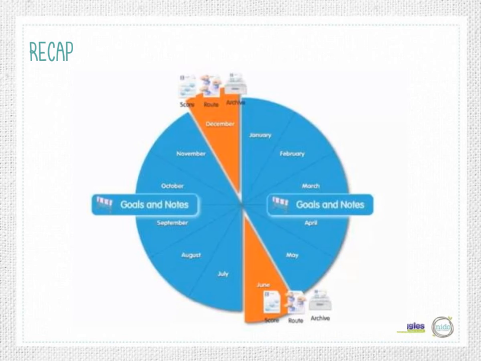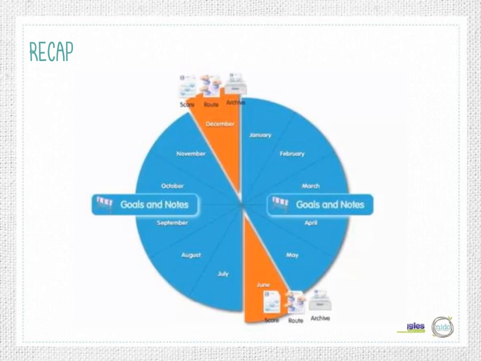Semi and annual reviews are to be completed within the months of June and December, which is highlighted in orange in this graph. These reviews are due to be completed at the beginning of the month and are due at the end of the month. Probationary reviews are completed at the end of the first 3 months of employment from commencement with the company or due to a change of position.